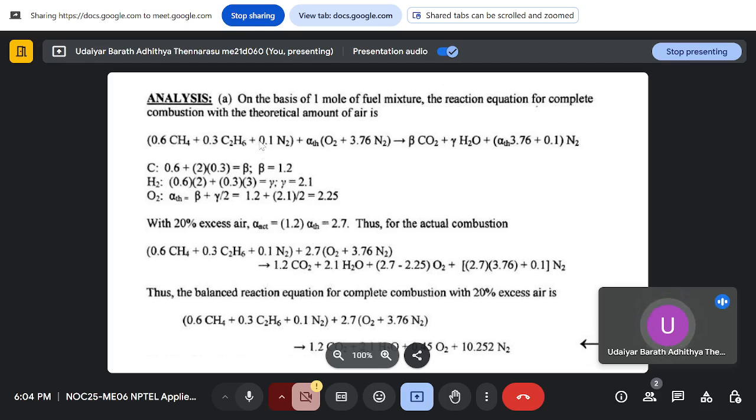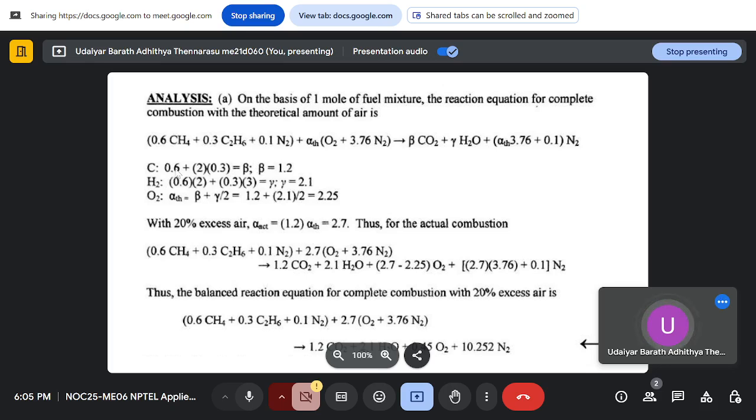So what we'll do is individual atom balances. First we take the carbon atom. The number of carbon atoms on the left side will be equal to the number on the right side. We have methane, 0.6 moles, so 0.6 times 1 carbon atom in methane, and in ethane we have 2 carbon atoms, so 0.3 moles of ethane gives 0.3 into 2, equals beta, since carbon is 1 in CO2.